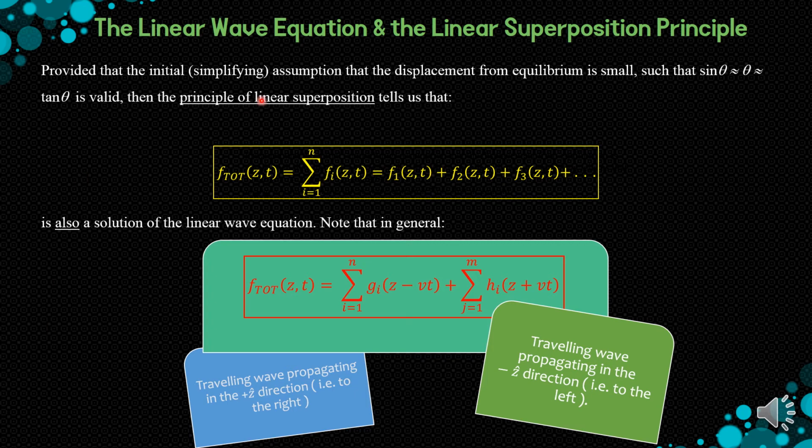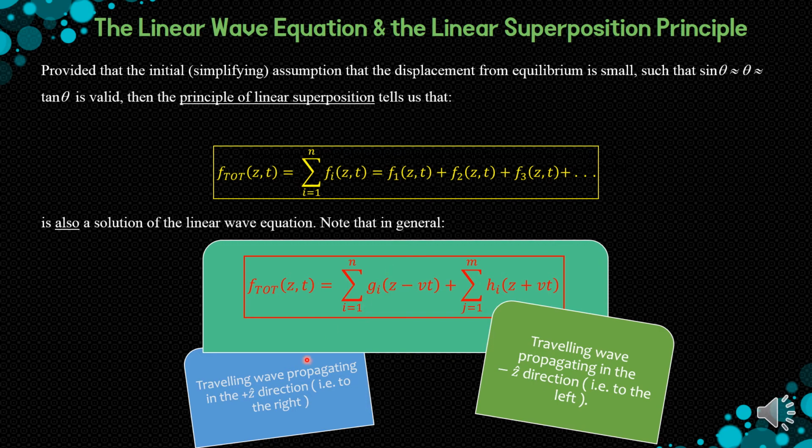Then the principle of linear superposition tells us that f_total(z,t) = Σ_{i=1}^{n} f_i(z,t) = f1(z,t) + f2(z,t) + f3(z,t) + and so on, is also a solution of the linear wave equation. Note that in general, f_total(z,t) = Σ_{i=1}^{n} g_i(z − vt) + Σ_{j=1}^{m} h_j(z + vt).